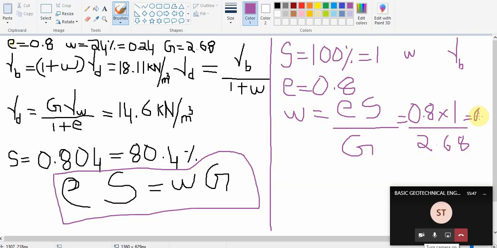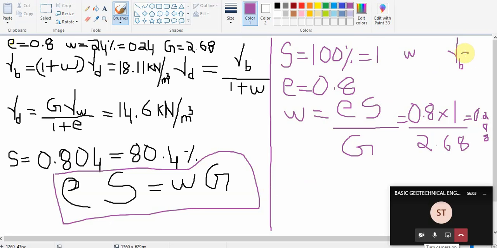In terms of percentage, 29.8. Okay. Next, we have to find the unit weight, bulk unit weight.